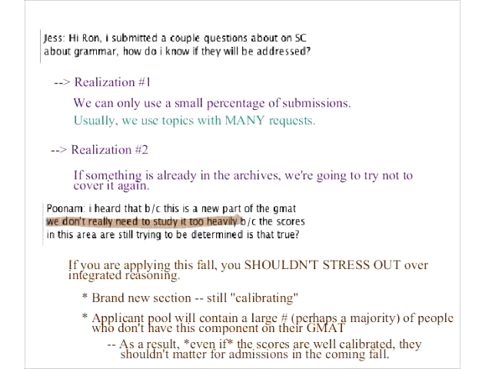But at the same time, the test is evolving. GMAC doesn't really display their next move too often, so you don't always know exactly what the score is with GMAC.